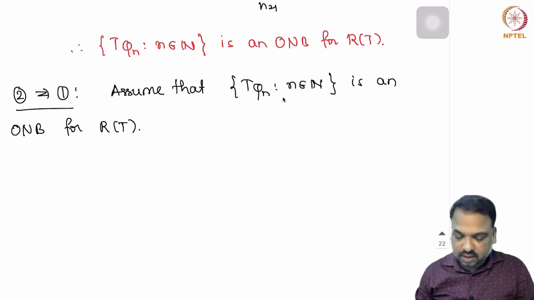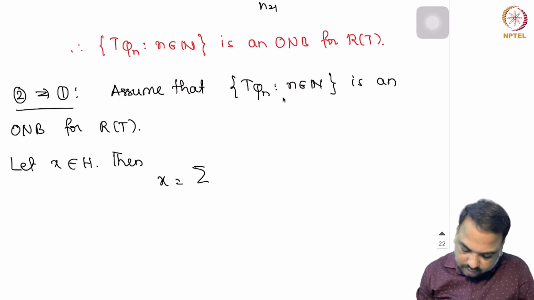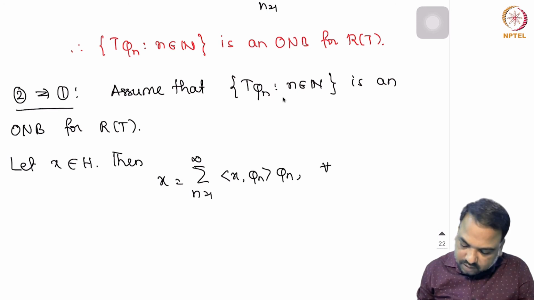We want to show that T is an isometry. So let us take x in H. Then we have x is the summation n equal to 1 to infinity of the inner product of x with phi n, multiplied by phi n.